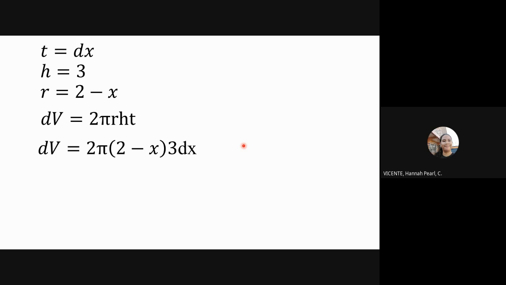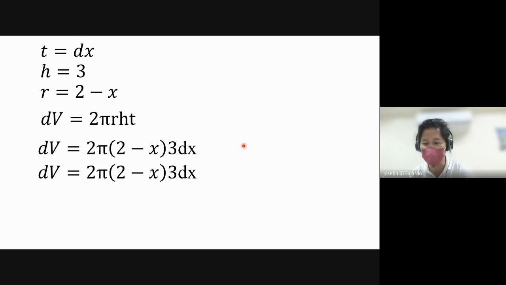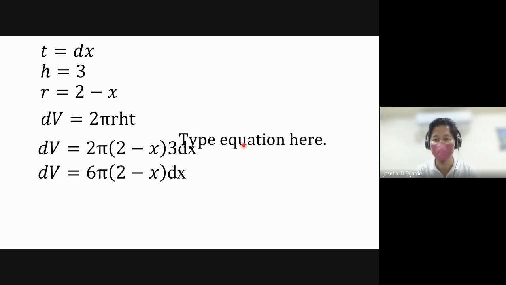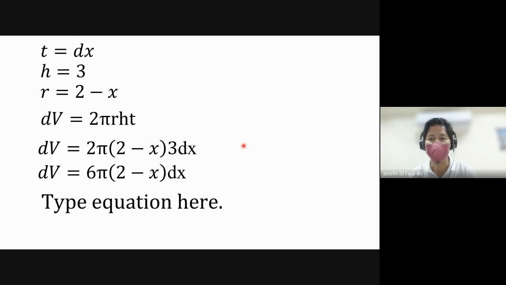Yes po, sir. Okay, simplify na natin to para mamaya. So, 2 times 3, so magiging 6 na lang ito. Tanggalin na natin si 3. Okay? And then we are now to set up the integral. Okay? So if I try to set up my integral, okay? Let me set up my integral.